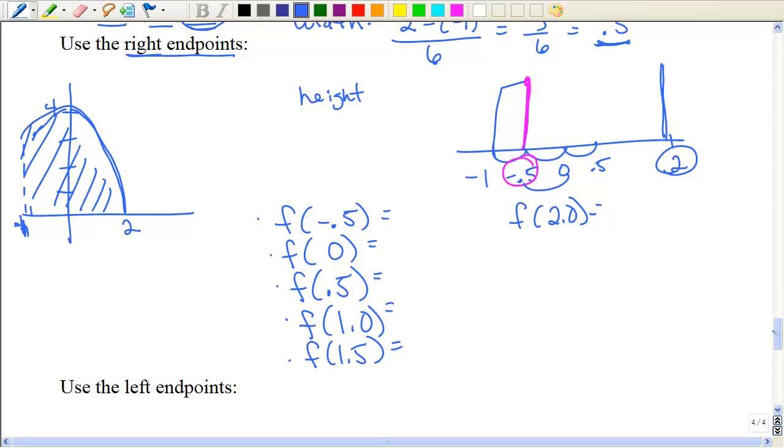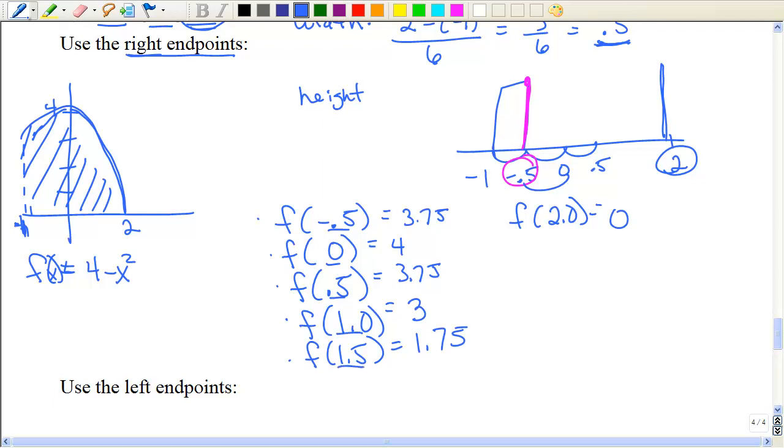Okay, where do I plug those numbers into? I plug them into the function of 4 minus x squared. Okay, so again, taking each of these values, which would be the right endpoints, and plugging it in there, those are going to be all the heights of the 6 rectangles. Okay, and remember the width was 0.5.